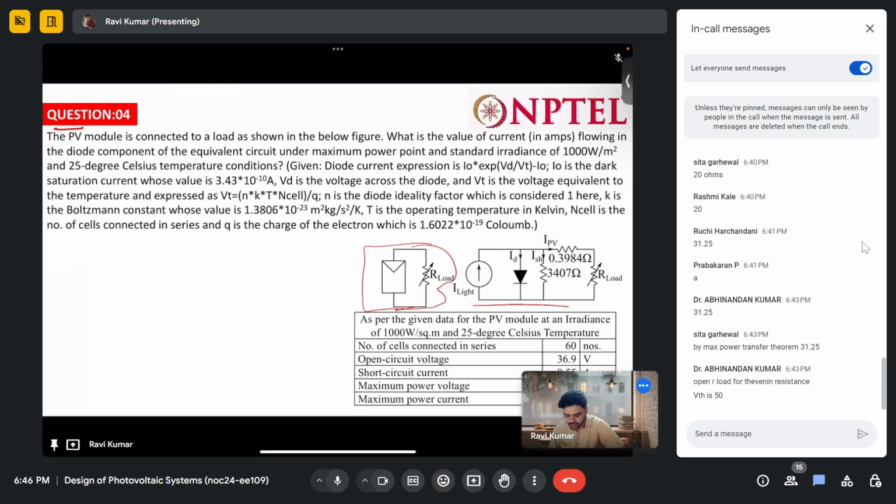It asks: what is the value of current flowing in the diode component of the equivalent circuit under maximum power point and standard irradiance, 25 degrees Celsius temperature condition. So it means this ID, you need to calculate this ID at maximum power point.